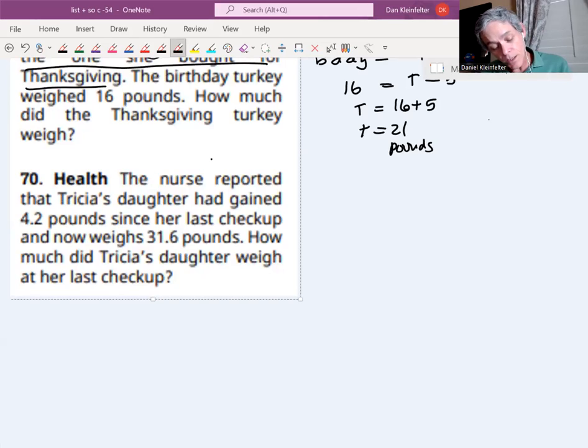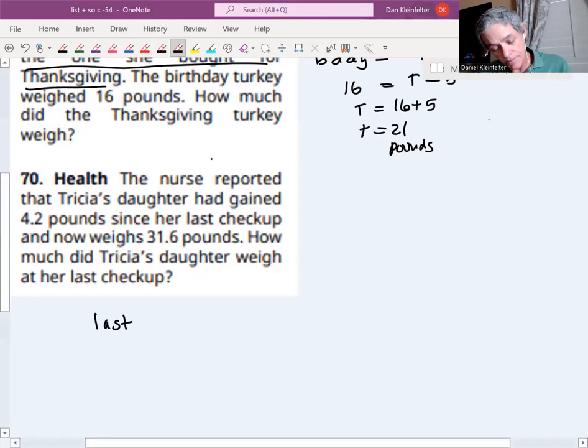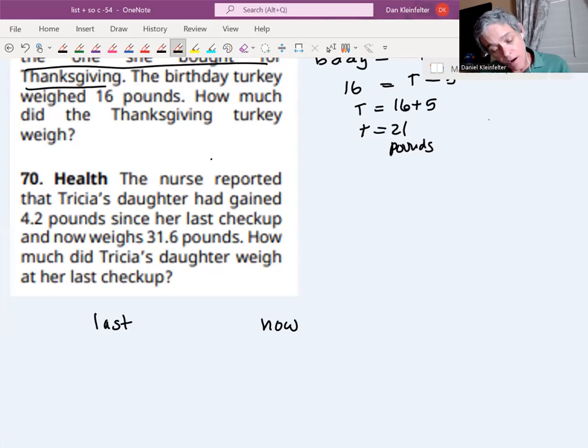So there's last time, and then there's now. She now weighs 31.6 pounds. She gained 4.2 pounds. So the amount that is now is 4.2 pounds more than what she weighed last time.